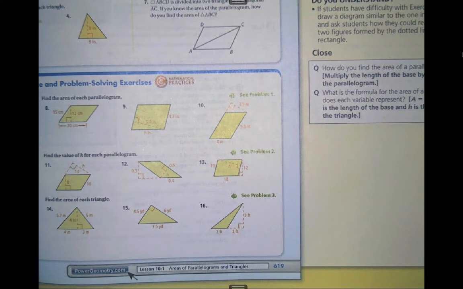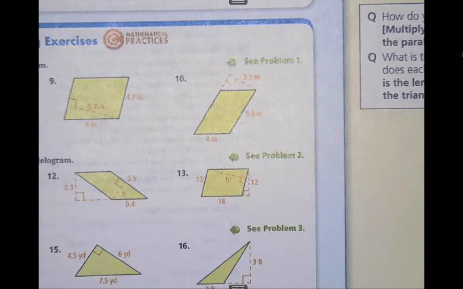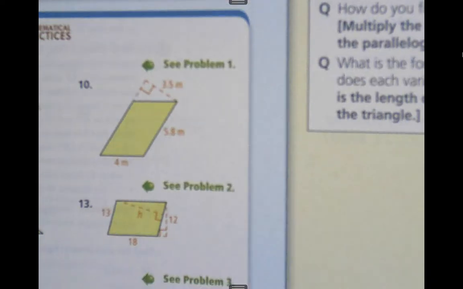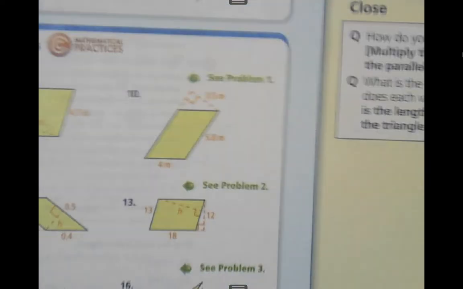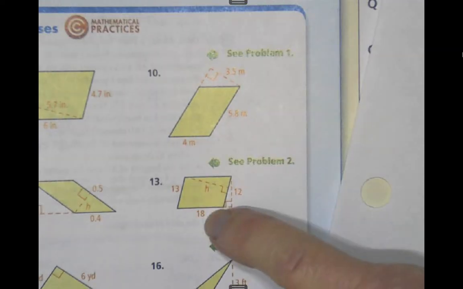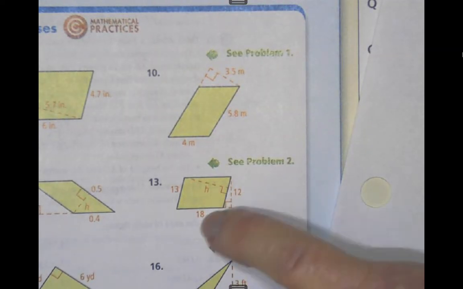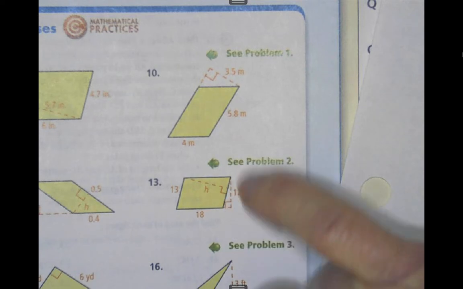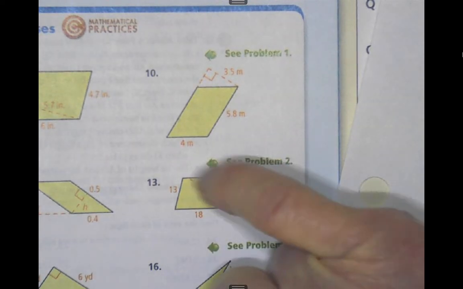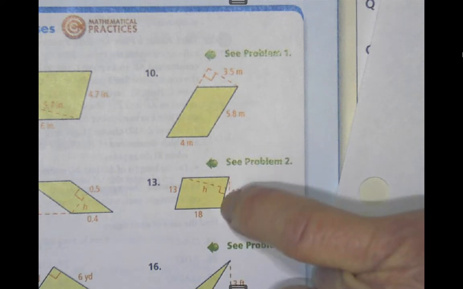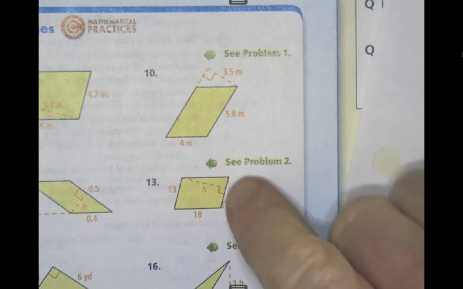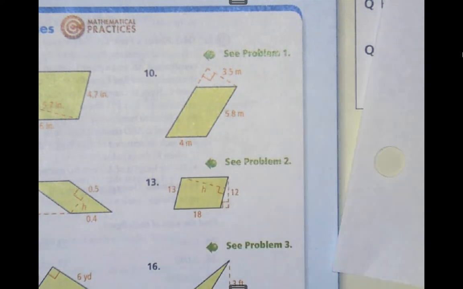Just like what we did in the notes, the 18 and the 12 are matched up together because they form that perpendicular relationship. And I know it looks like it's perpendicular to here, but that side is also 13 because it is a parallelogram. So the H and the 13 go together.